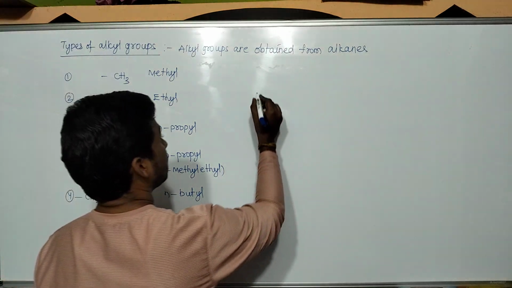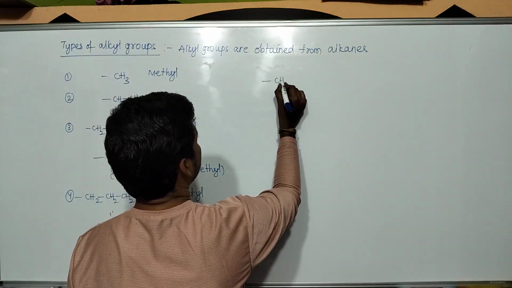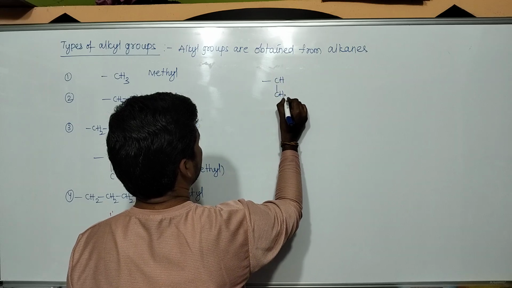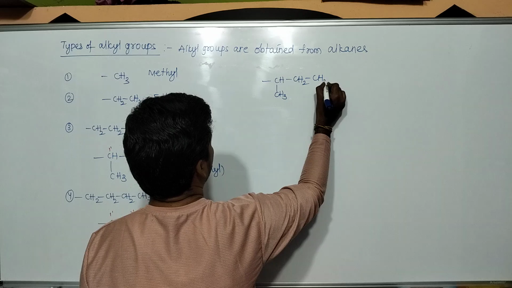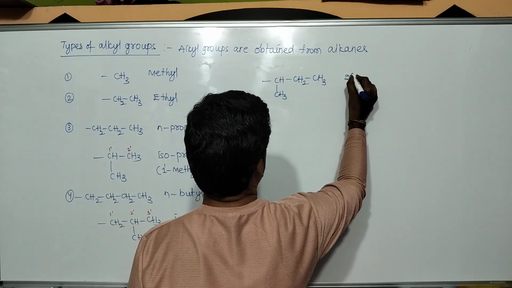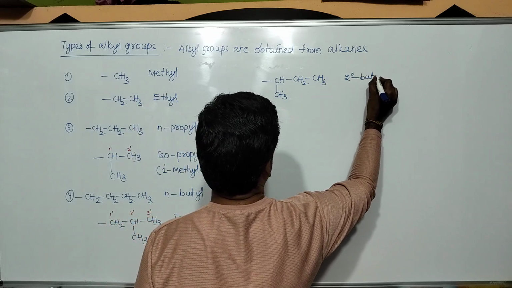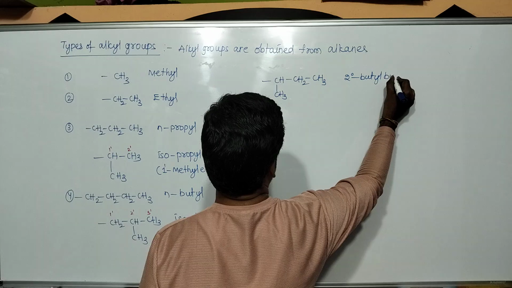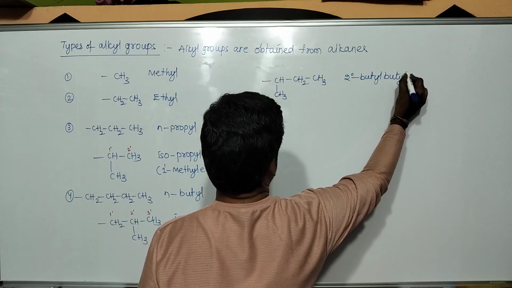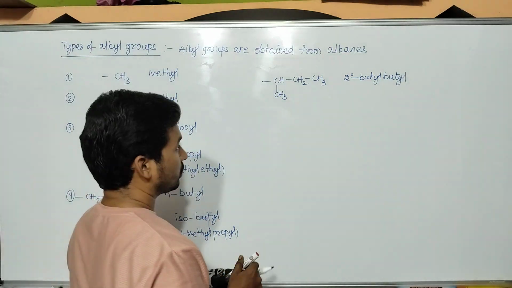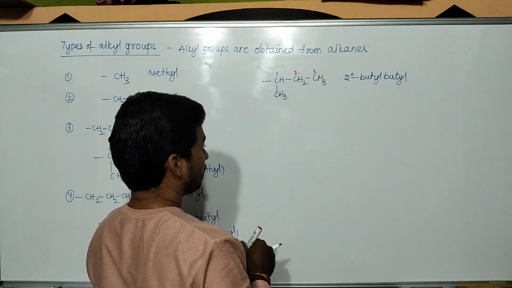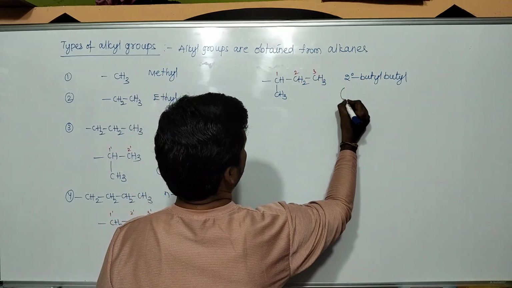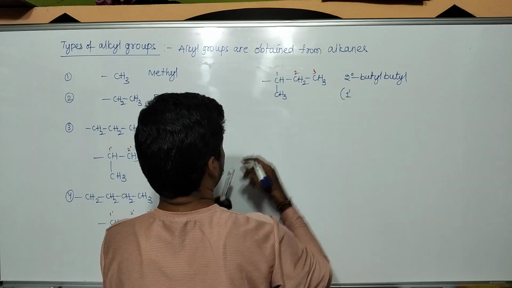Next, the third one is secondary butyl. This is called secondary butyl. Secondary butyl is also called 1-methylpropyl.